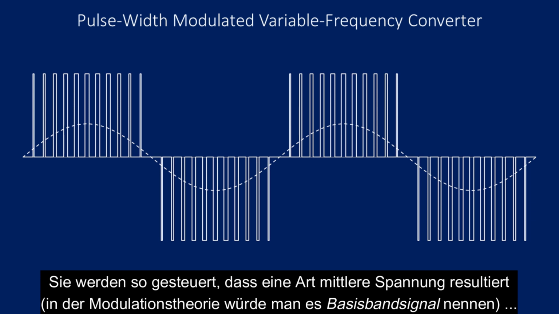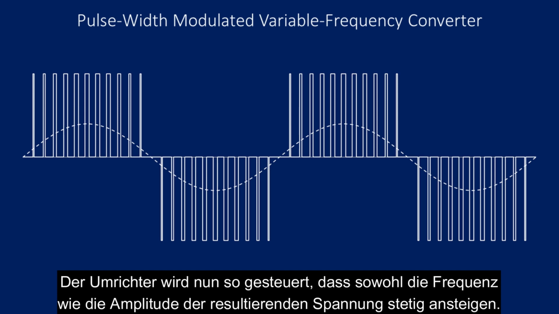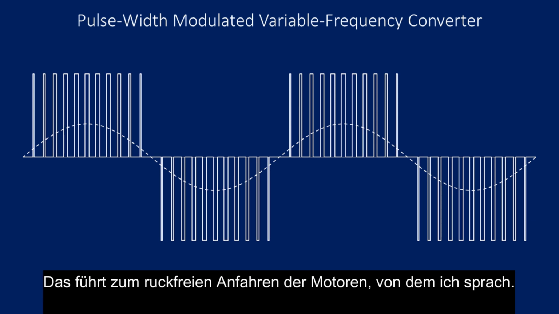In terms of modulation theory, you could speak more correctly of a baseband signal, and it's this voltage that supplies the motors. Now, the converter is controlled such that the frequency as well as the amplitude of this resulting voltage continuously increases, and that leads to the smooth acceleration of the motors of which I talked.